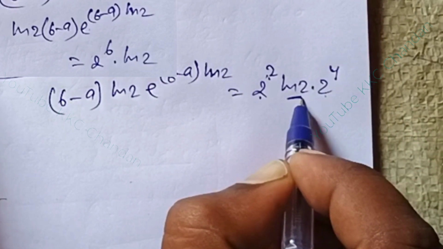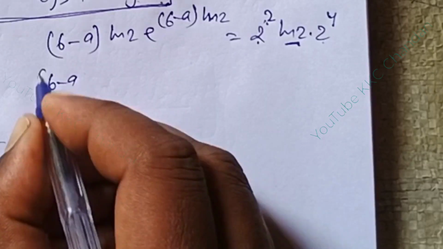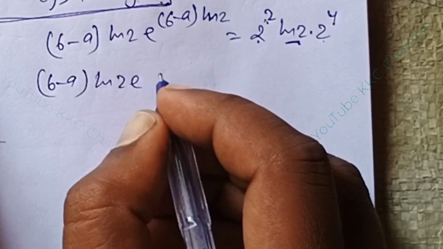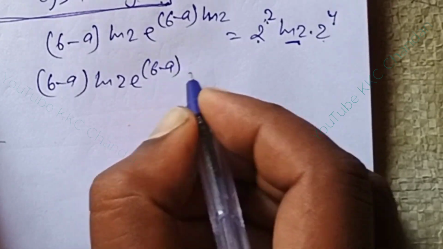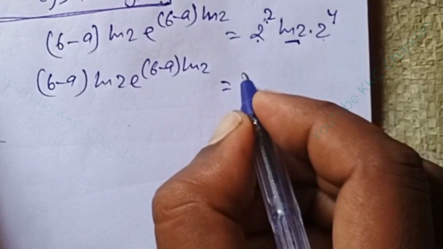Therefore here ln 2. In the next step, 6 minus a ln 2 e power 6 minus a ln 2 is equal to 4.